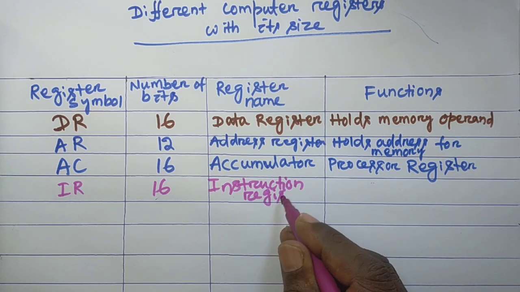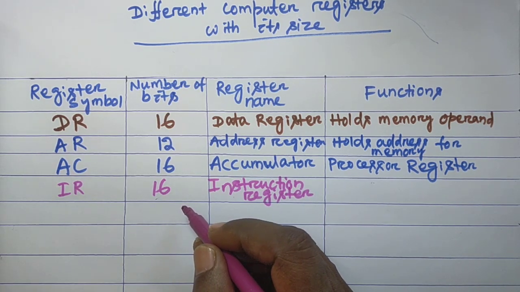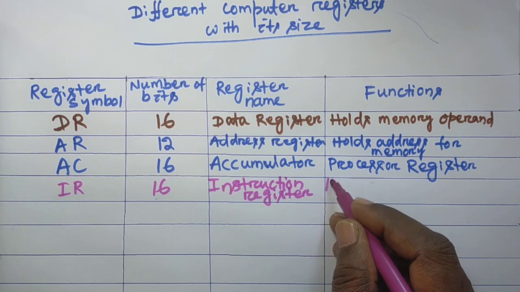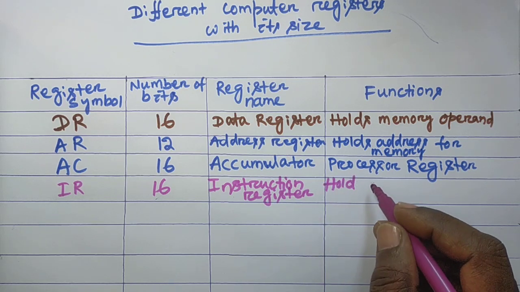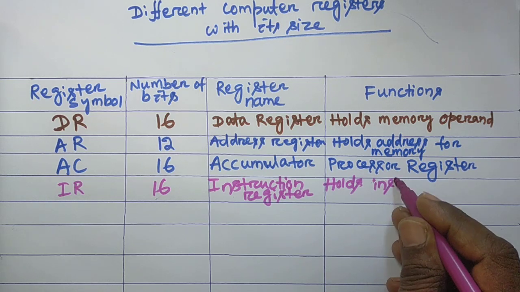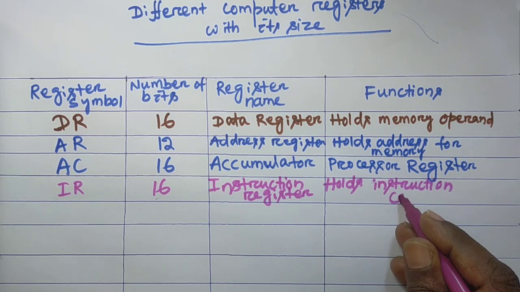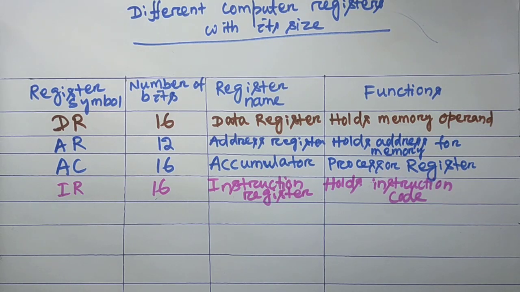We have already discussed this instruction register having 16 bits. It holds instruction code.